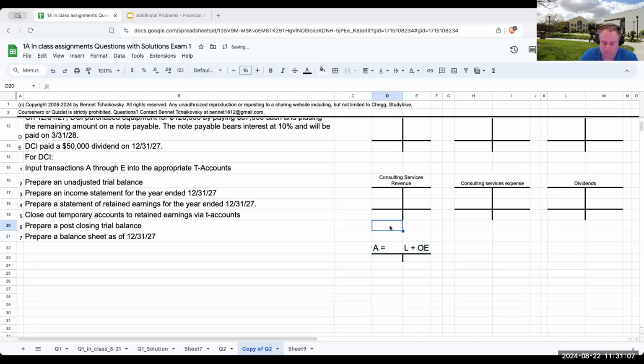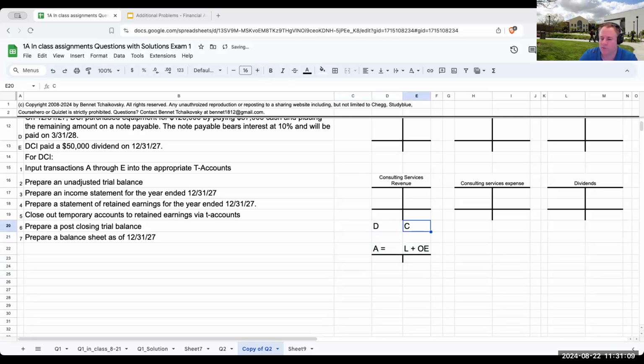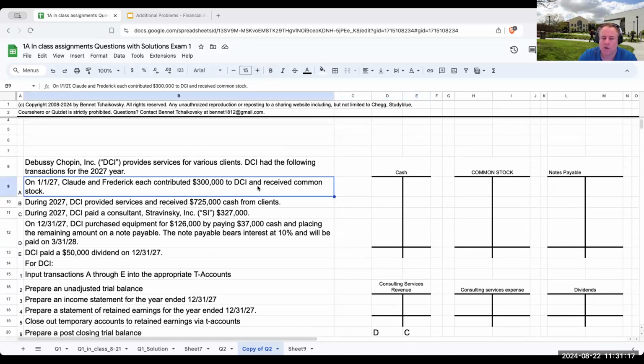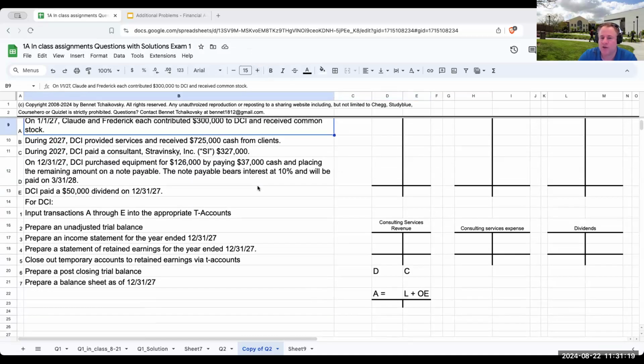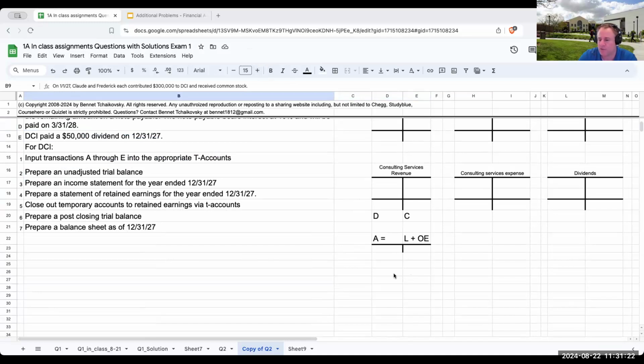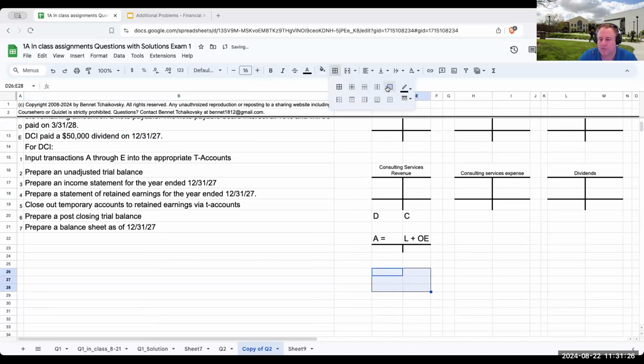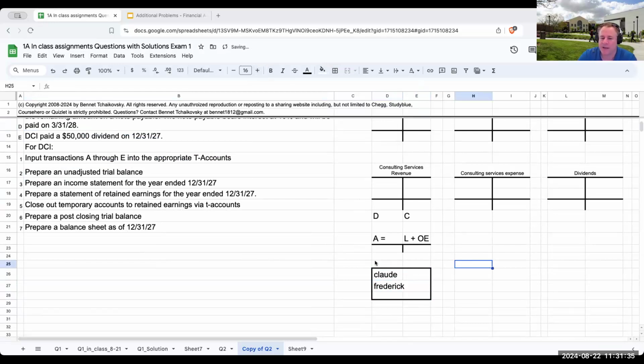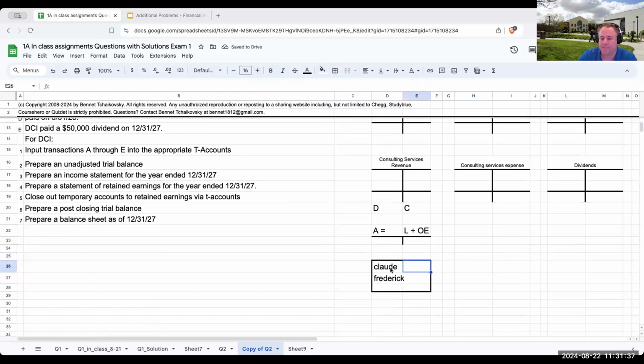Coming over here, we have to remember our formula: debit, credit. Assets equals liabilities plus owner's equity. So first one over here, Claude and Frederick each contributed $300,000. Let's take a look at what's going on here. We have Claude and Frederick, and we are DCI.